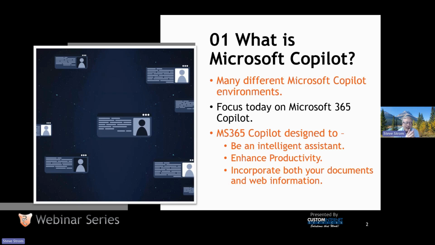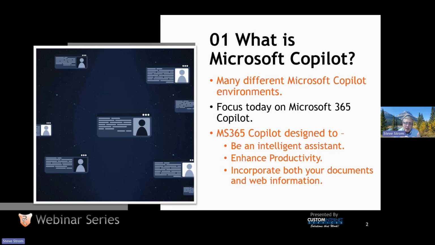But the interesting thing about Microsoft 365 Copilot, and this is what separates it from the consumer version as well as from other items, is that it is designed to incorporate both your documents and the web information. Now, what this means is that Microsoft 365 Copilot has access to the documents that you have access to.